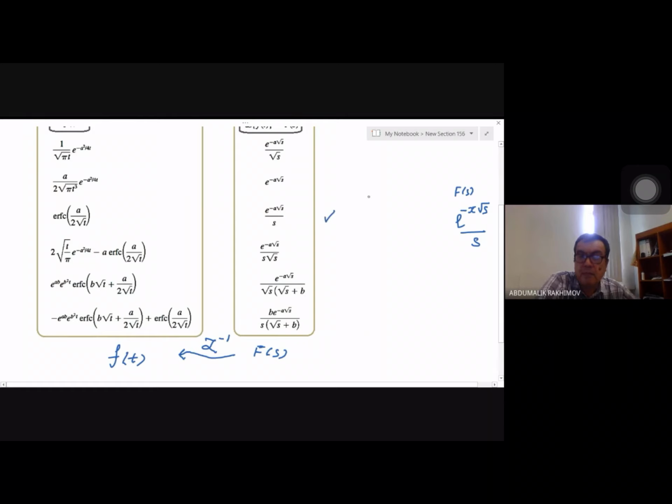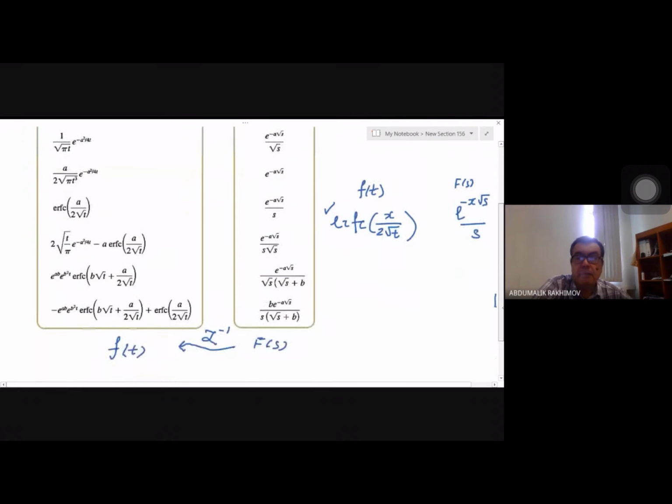Then the original function f(t) will be the complementary error function, erfc of x over 2 root of t, because a is x. We take the transformation as a function of t, not x. So this is how to find the original signal using the table if you know the image signal. We will use this additional table today.